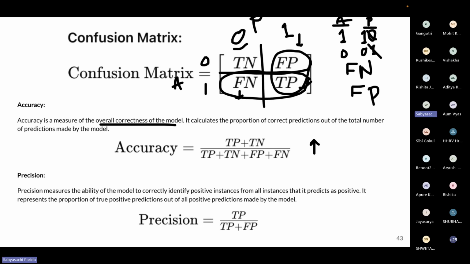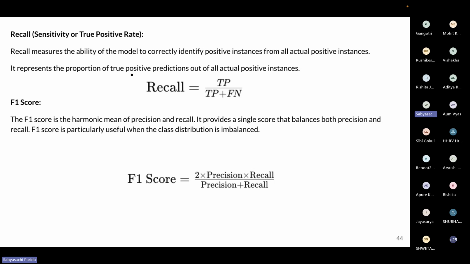Out of the ones which are actually true, how many of those we are predicting as positive, that is recall. Out of those which have been predicted by the model as positive, how many are actually true, that is the precision. Okay, so that is the difference between the recall and the precision. So it depends upon the use case. We can have either recall to be more, or the precision to be less, or we want both to be high.